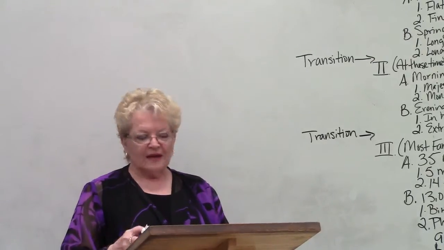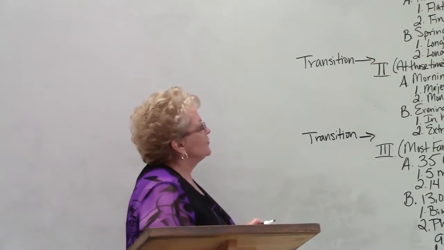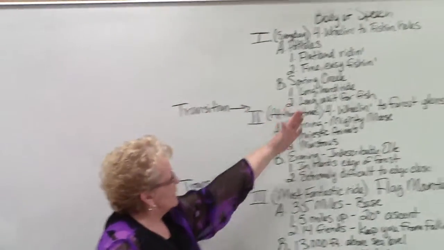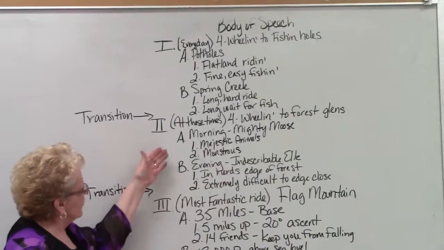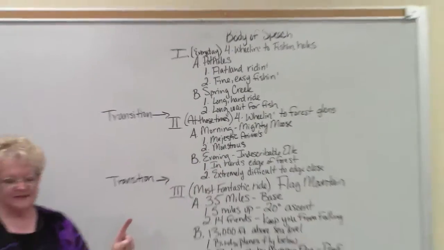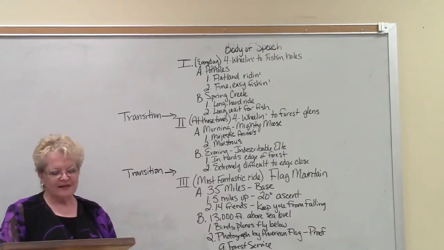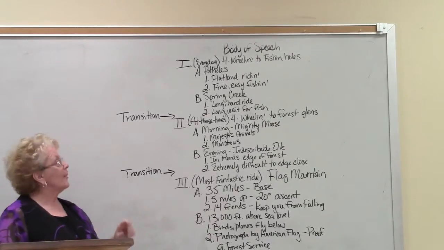The principles of outlining involve singularity. I want you to notice that on every idea, on every Roman numeral, every letter, every number, there's only one idea. That's singularity. We also have consistency because we must have a consistent system of numbers and letters.